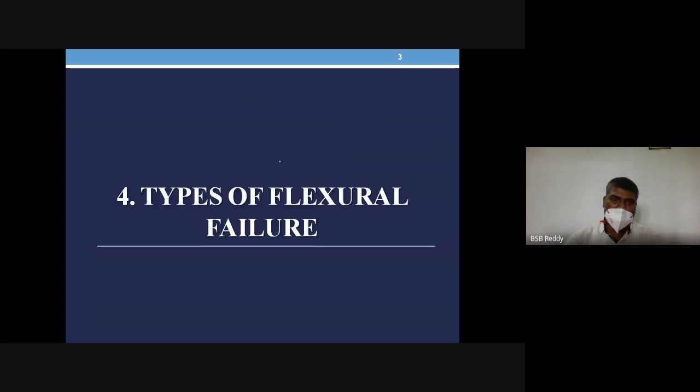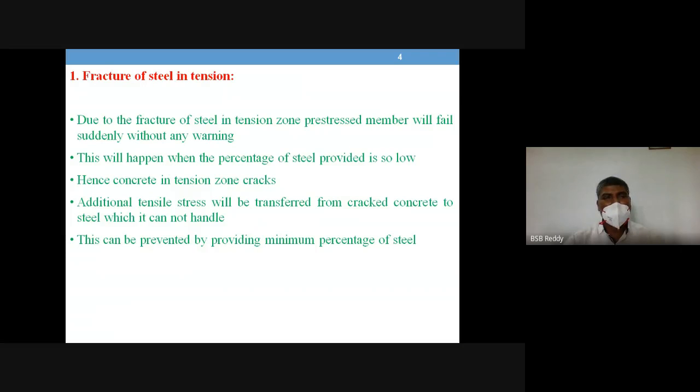Let us talk about the first one, types of flexural failures. You already have some knowledge of this. Flexure means when a member is in bending, we say it is under flexure.